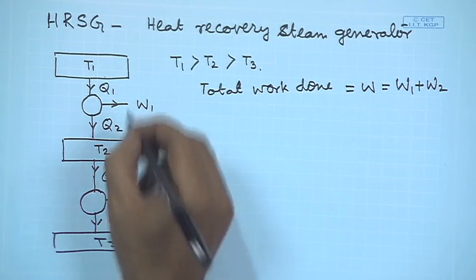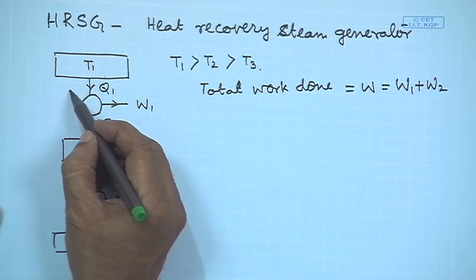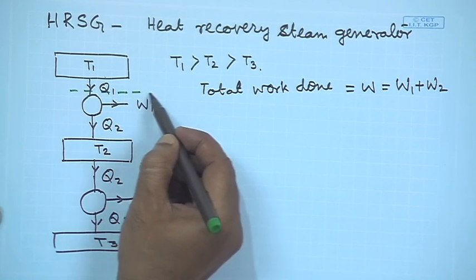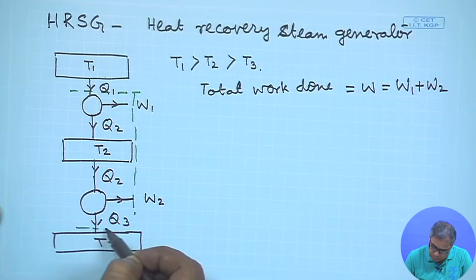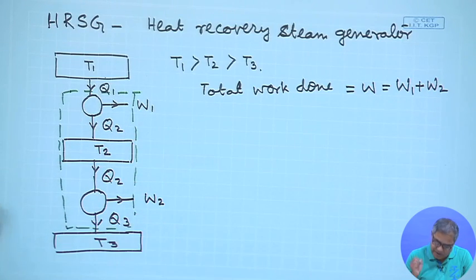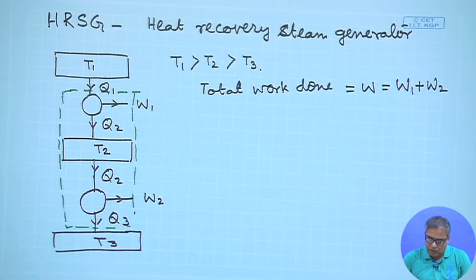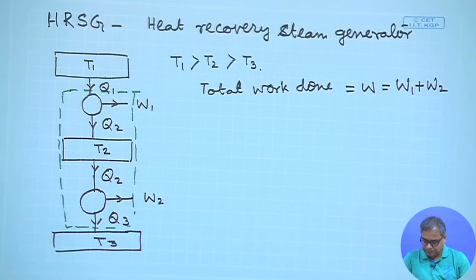So, efficiency of this cycle, now what we can do, the combined cycle can be taken like this, which can be thought of as a single cycle, which is taking Q1 amount of heat and rejecting Q3 amount of heat, while doing W1 plus W2 amount of work.